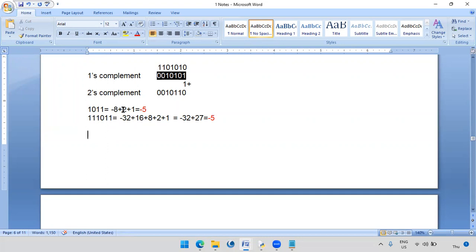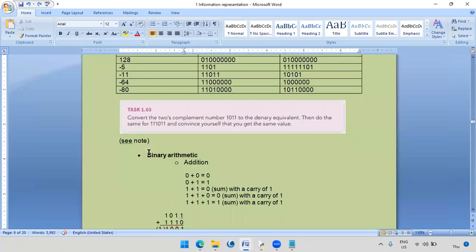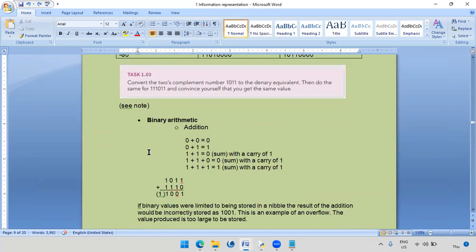See? Here minus 8 plus 2 plus 1: this 2 plus 1 remains the same, but all these ones make up to this one. So the final answer will be the same. And so convince yourself that you get the same value.